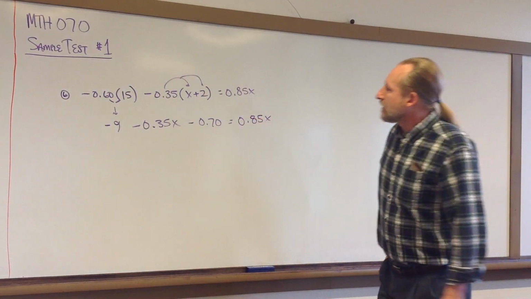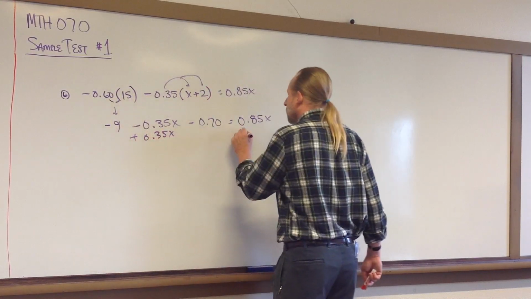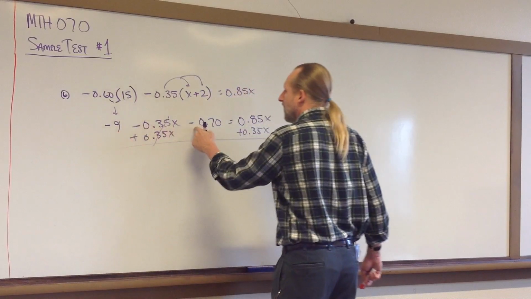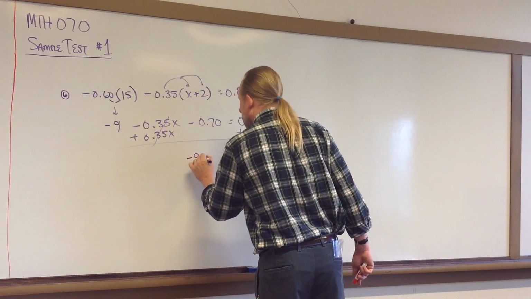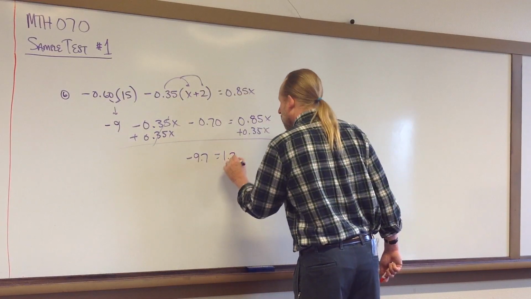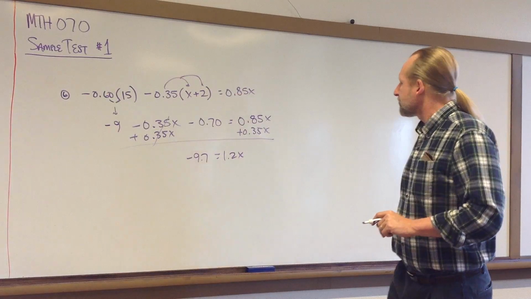All right, let's see here. I'm going to add the 0.35x to both sides. Negative 9 minus 0.7, negative 9.7. Over here, this is going to be what, 1.2x, right?